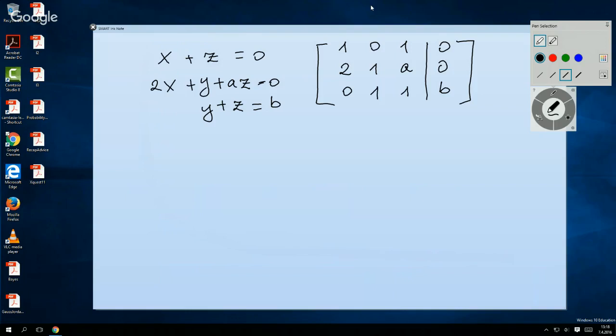So what is it that I want to do? I want to take minus 2 times row 1, and I want to sum it to row 2. And let's see what we get. Row 1 does not change. Row 3 does not change.